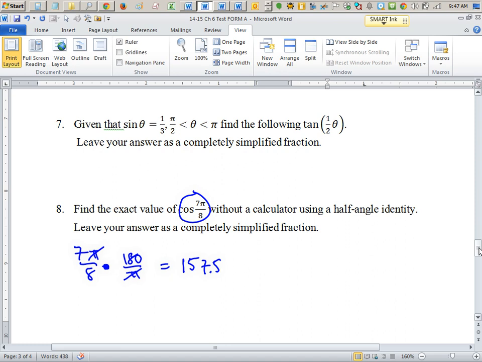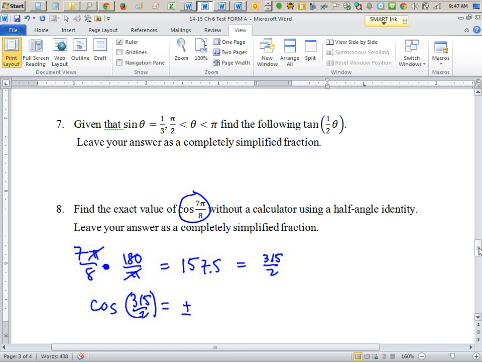But it is half of one of our angles, technically. It is exactly half of 315. So you can think of this as 315 over 2. Why is that helpful? Because we are trying to find cosine of 315 over 2. That's not a special angle, but you can use a half angle identity.